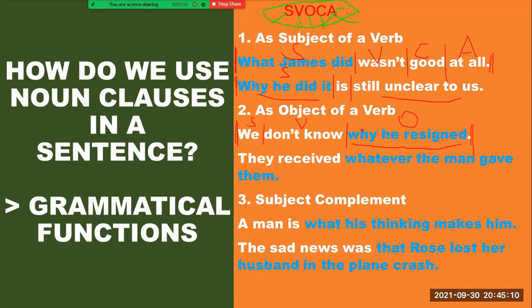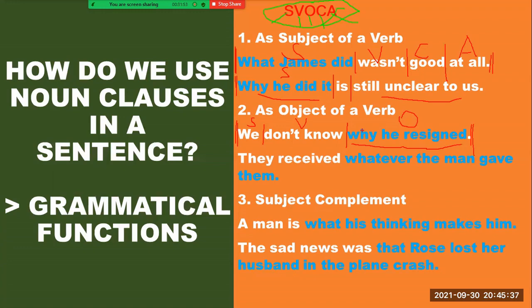All right, so again, you always find that the noun clause provides answer to the question what. So if we say we don't know and we put a full stop, the listener will ask us a question naturally. We don't know. The question is what? You don't know what? We don't know why he resigned.